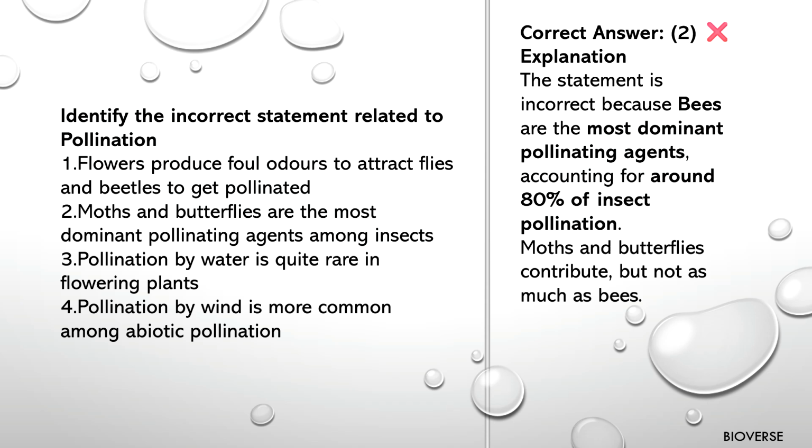Correct answer 2. Explanation. The statement is incorrect because bees are the most dominant pollinating agents, accounting for around 80% of insect pollination. Moths and butterflies contribute, but not as much as bees.